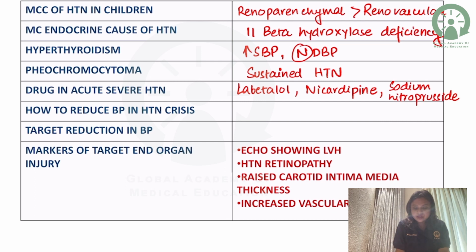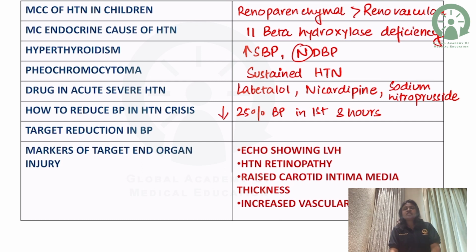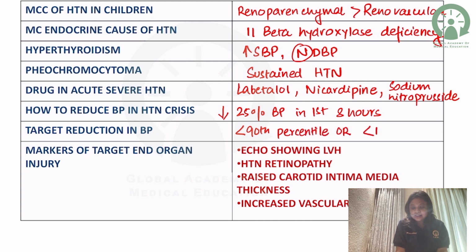So what is the target reduction in blood pressure in children? It is either less than the 90th percentile for age according to the hypertension nomogram, or less than 130 by 80 in adolescents or older children.